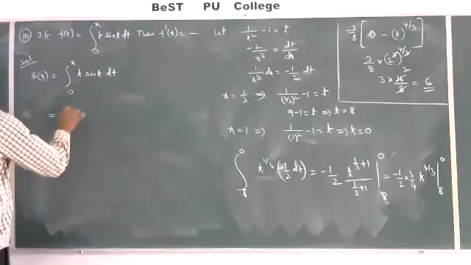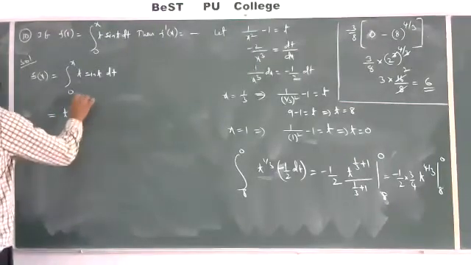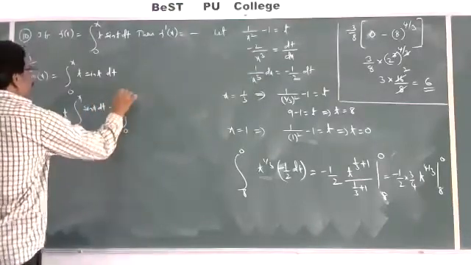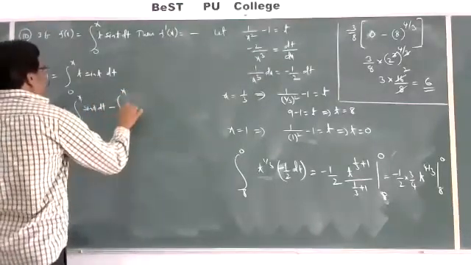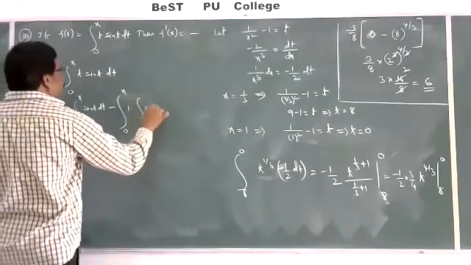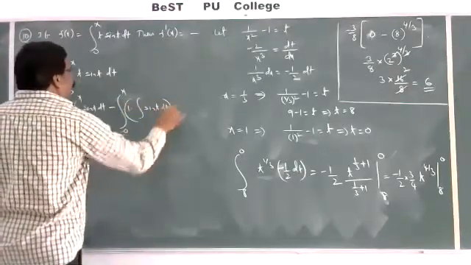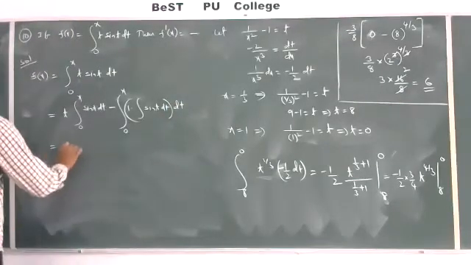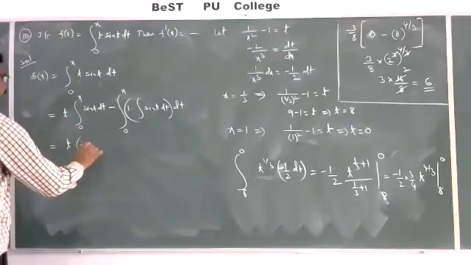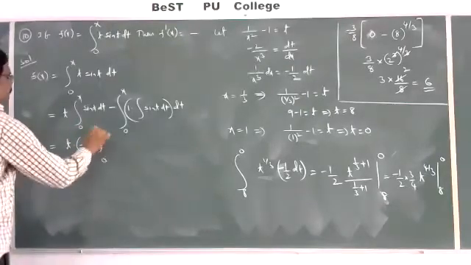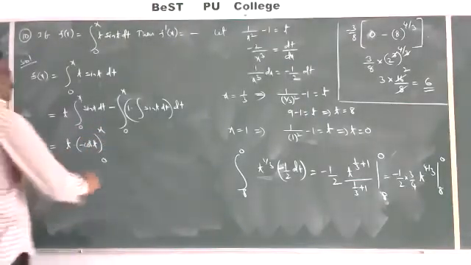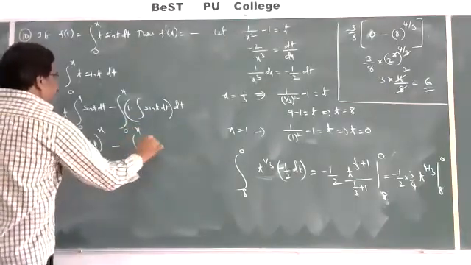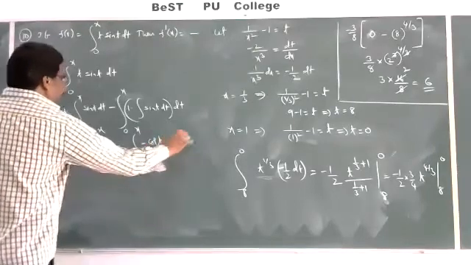That is, the first function t times the integral of sin t from 0 to x, minus the integral from 0 to x of the derivative of t, 1, times the integral of sin t dt. Integration by parts gives t times (−cos t) from the limits 0 to x, and then the integral of −cos t dt.